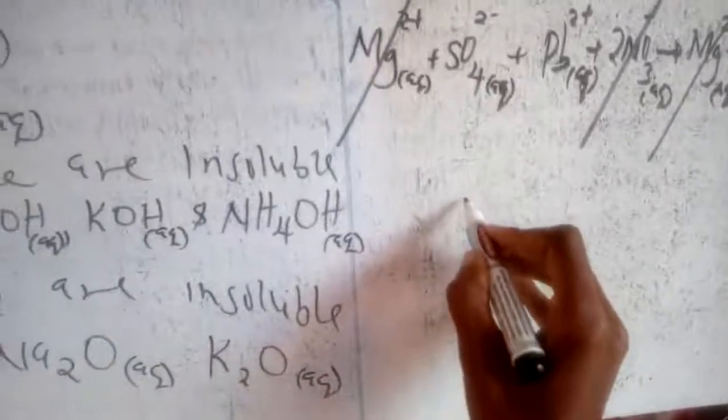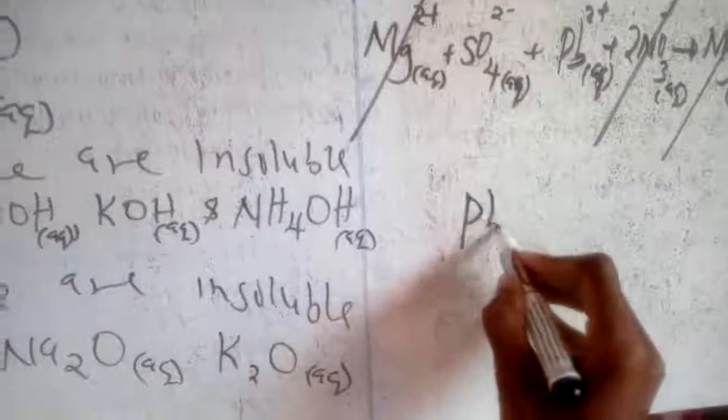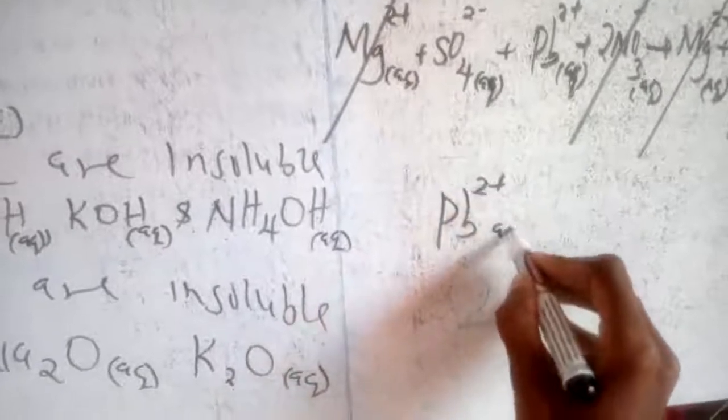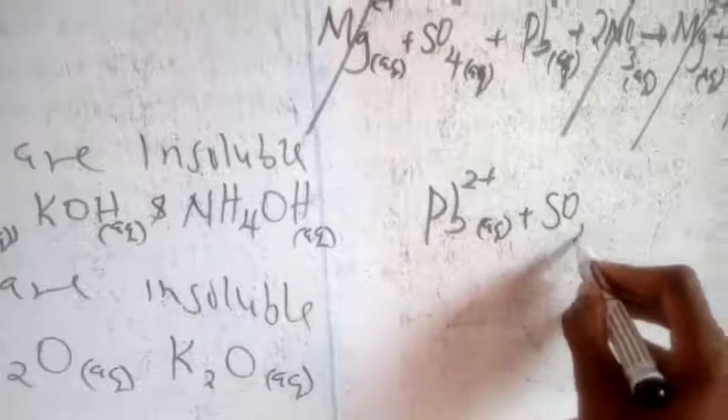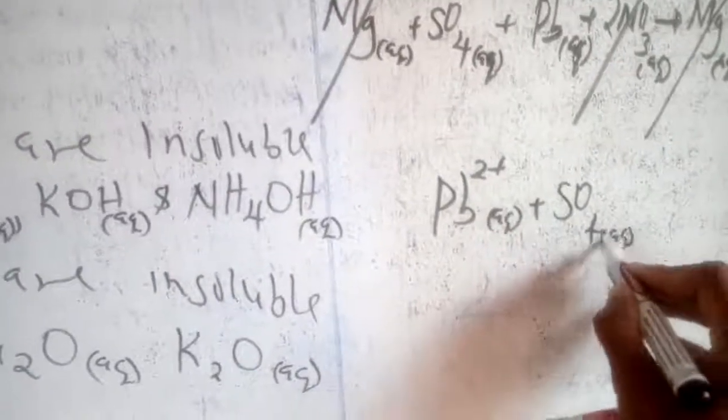And therefore, I'm left with Pb 2 positive, aqueous, plus SO4 2 negative, aqueous. Then I will get PbSO4, solid.